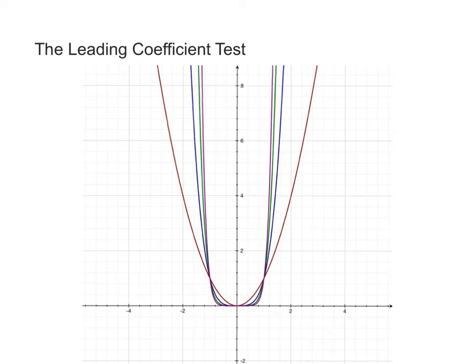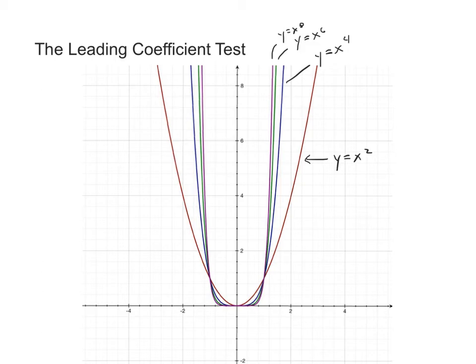This test helps us determine what the graph of a polynomial function might look like. So here I've got a bunch of different polynomial functions. This guy out here, we know this one well. That's y equals x squared. That one's y equals x to the 4th. This green guy in here is y equals x to the 6th. And then the purple is y equals x to the 8th.